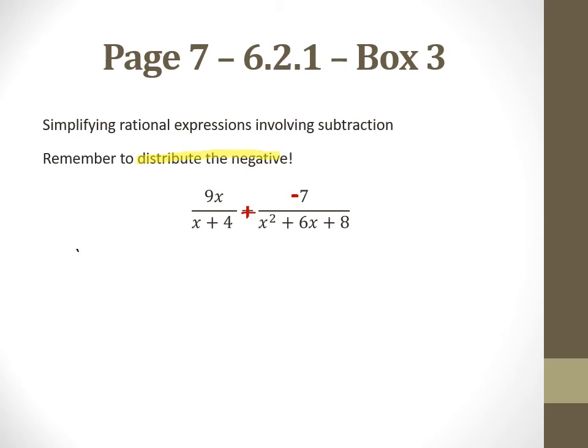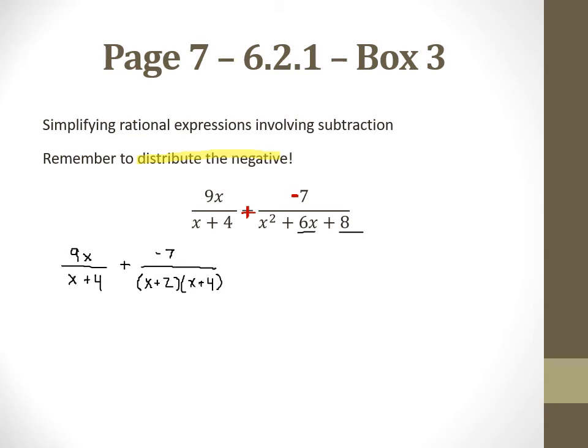So 9x over x plus 4, nothing to factor there. This is being added to negative 7 over, and here's where we need to factor, what multiplies to 8 and adds to 6. That's going to be 4 and 2. So x plus 2 times x plus 4.